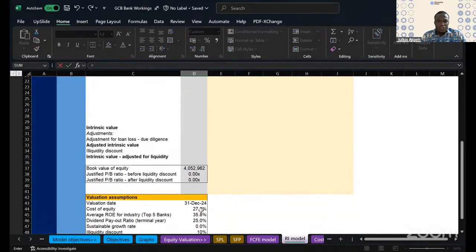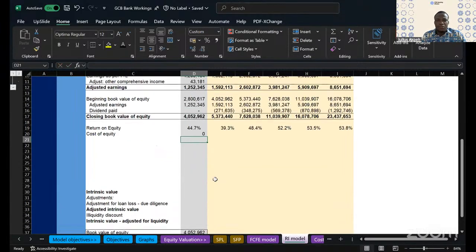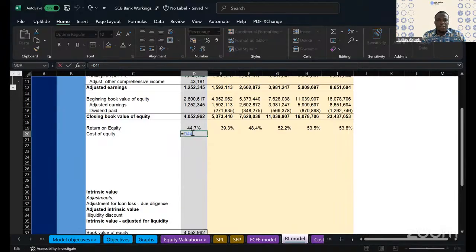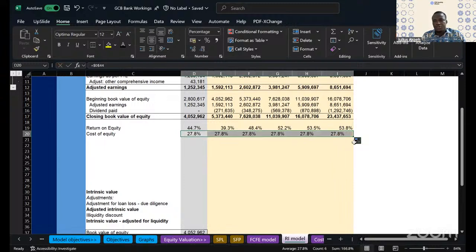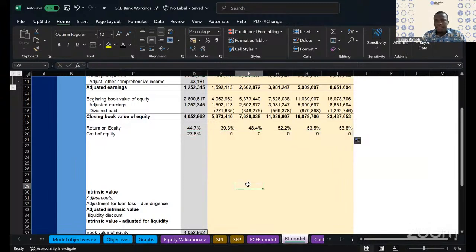We have some valuation assumptions here. Some of them we will revise, but we have some here. 27.8. We have it as a cost of equity. This cost of equity, we're going to anchor the formula and make it absolute and drag it all through to the end.